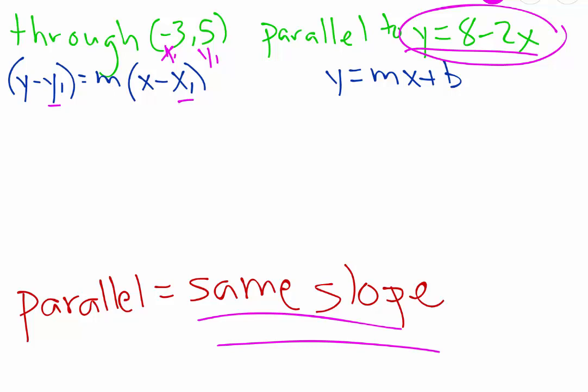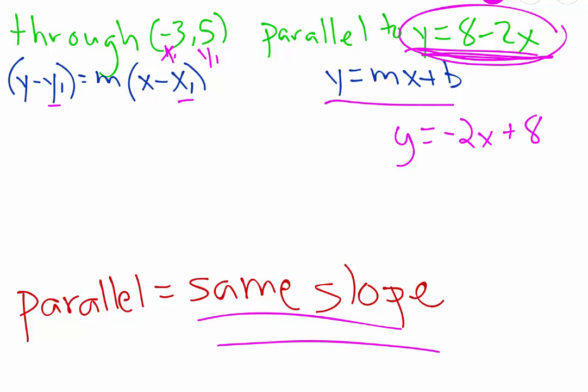So remember that slope intercept form is y equals mx plus b. So what I'm actually going to do is take this y is equal to 8 minus 2x and flip-flop the positions here. Instead of 8 minus 2x, that 2x has a minus in front of it, so it's really a negative 2x. And that 8 is positive, so it's really a plus 8.